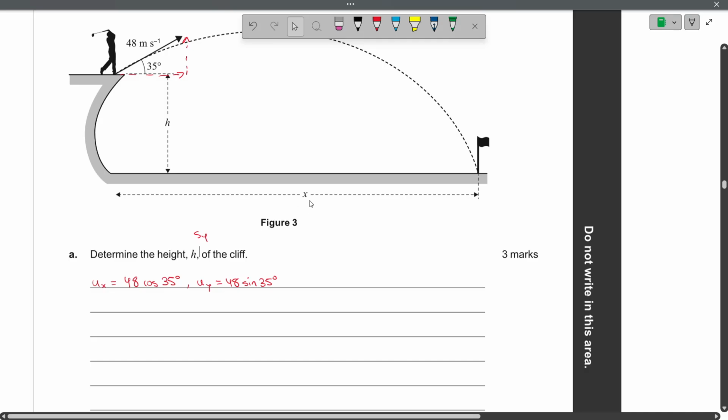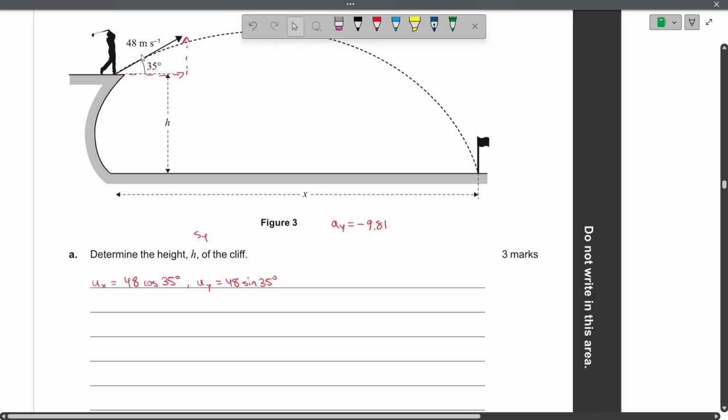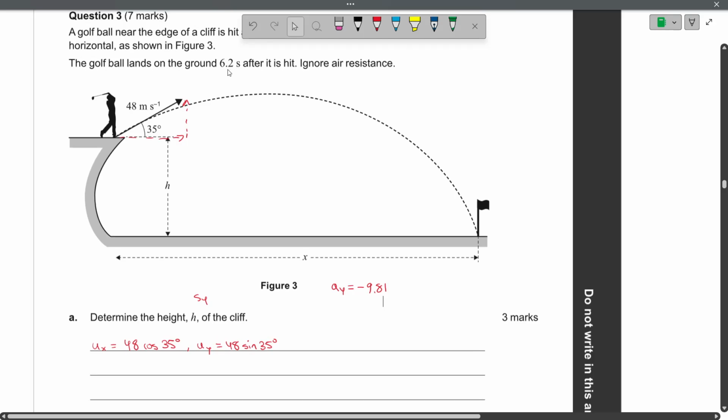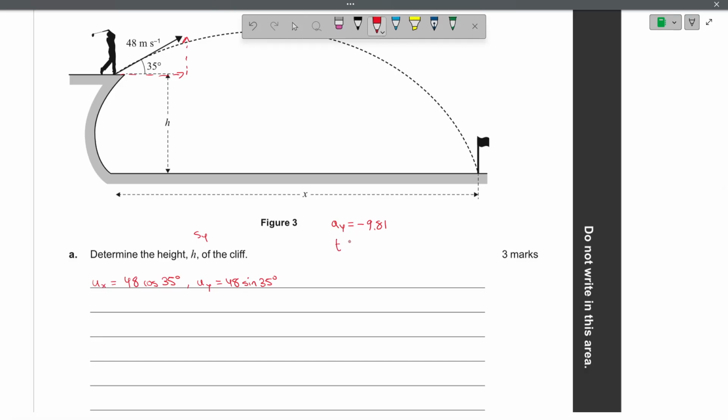We know the initial vertical velocity. We also know information about the vertical acceleration, which is the acceleration due to gravity. I'm going to say up is the positive direction, down is the negative direction, so acceleration is negative 9.81. We also know the time span: it hits the ground 6.2 seconds after it's hit by the club, so t is equal to 6.2 seconds.